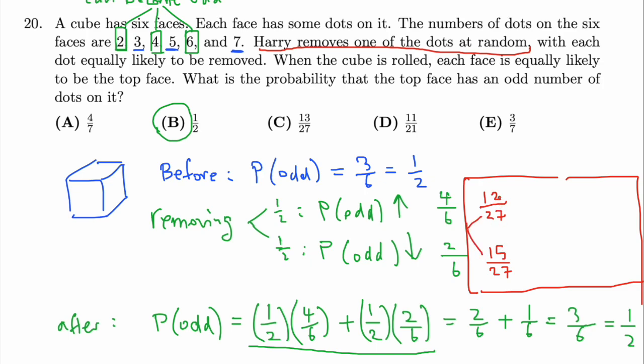This is the probability breakdown. If he goes with this scenario, then we have a 4 out of 6 chance of getting an odd number. If he gets the 3, 5, or 7 faces, then we have a 2 out of 6 probability.